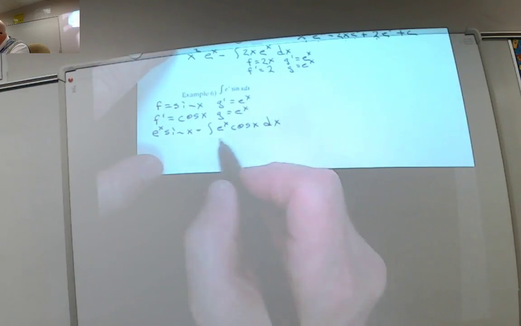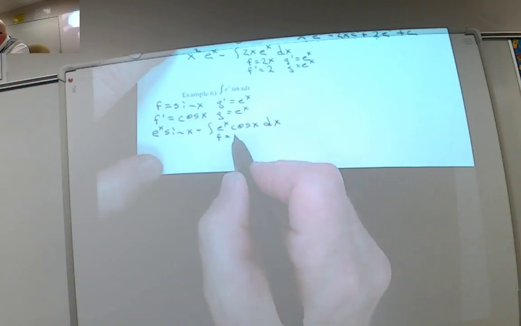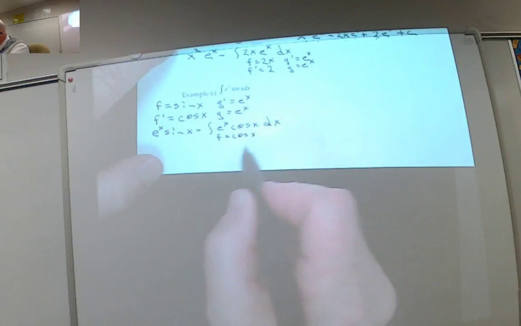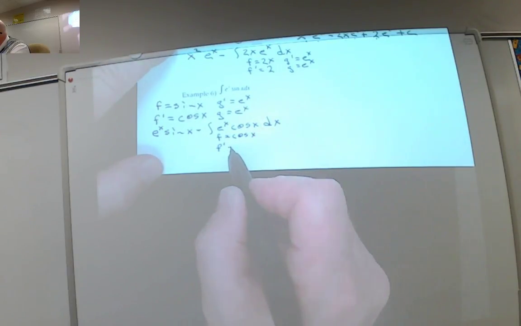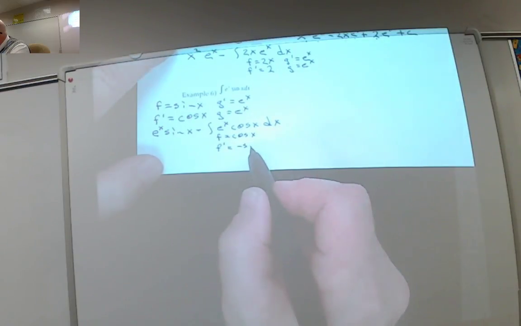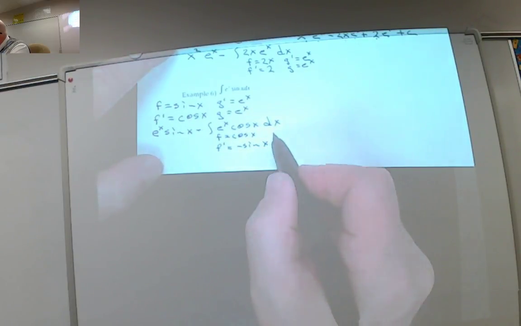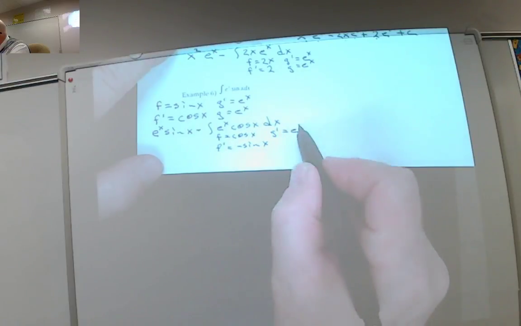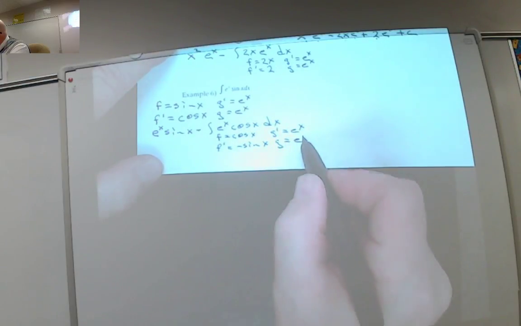Then again, I'm going to let f equal cosine x. That means f prime is equal to negative sine x. Again, g prime is equal to e to the x. g is equal to e to the x.